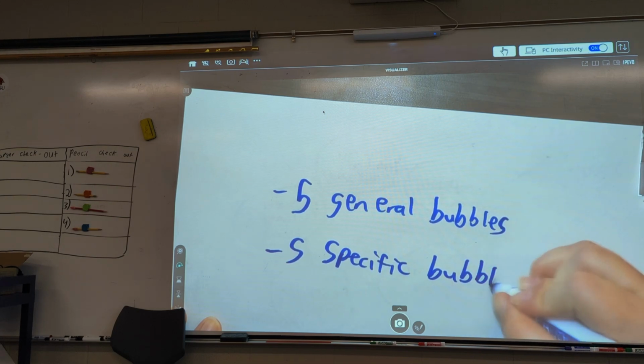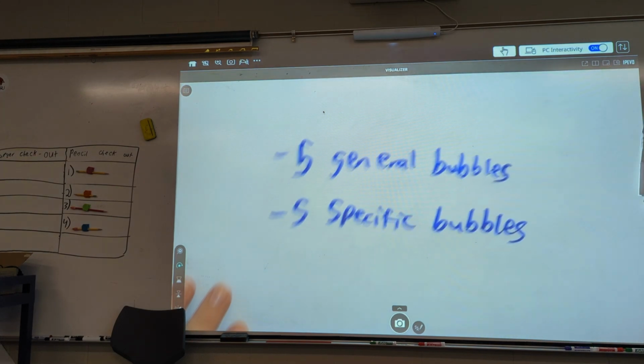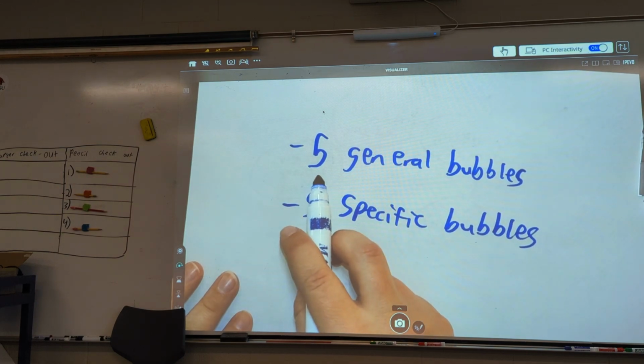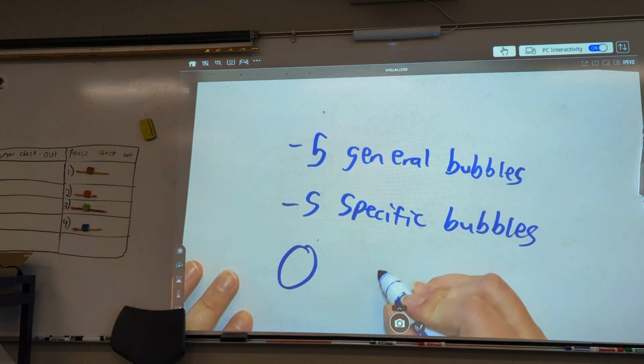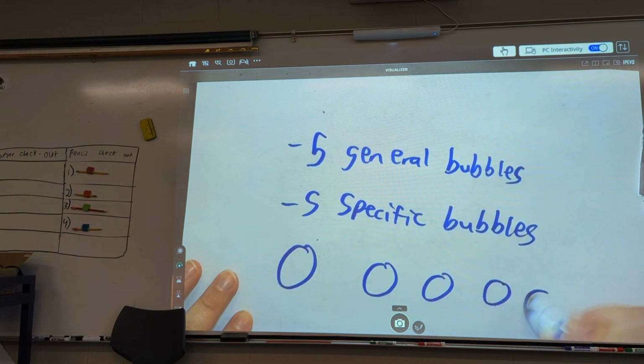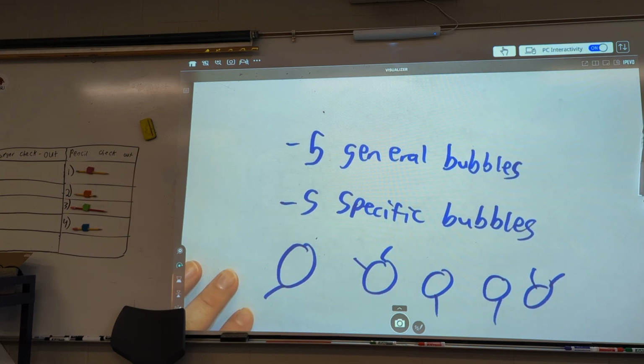Somebody asked me a really good question: does that mean each of the general bubbles has to have five specific bubbles? No. I could have five general bubbles, and this one may have one point, this one may have two, that one may have one, that one may have one, and then this one may have two more. So it doesn't have to be five specific bubbles per category.